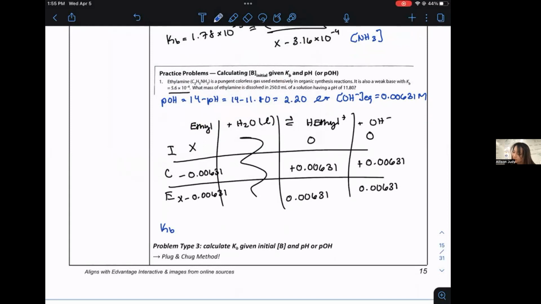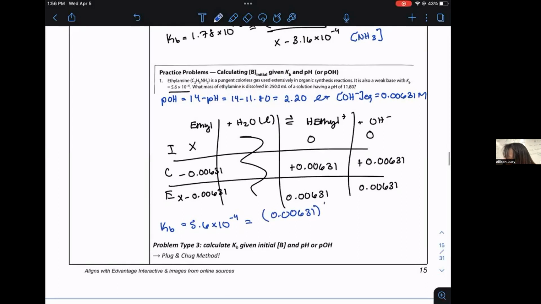So then you get Kb is equal to 5.6 times 10 to the negative fourth, which is going to be equal to the ions expression, right? Products concentration multiplied by one another all over reactant concentration. So it becomes 0.00631 squared, because the two ions happen to be the same concentration, all over the reactant concentration, X minus 0.00631.